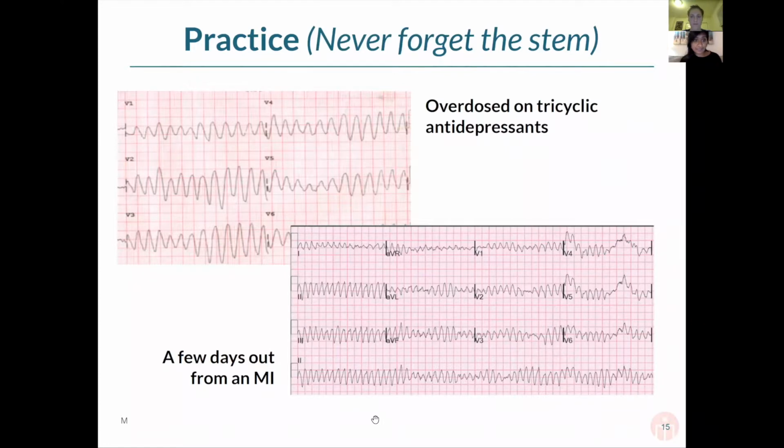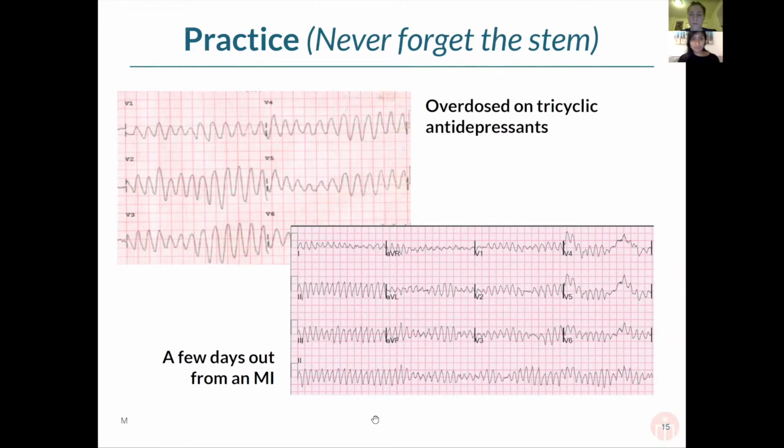And so you can see this is just a complete sort of wide open, just sinusoidal pattern. And it's changing in terms of sometimes it's low amplitude, sometimes it's high amplitude. It's sort of going back and forth. And so that coupled with this history of tricyclic antidepressants. Those are medications that are famously known for being able to prolong the QTc, right? And prolonging QTc predisposes you for this condition.